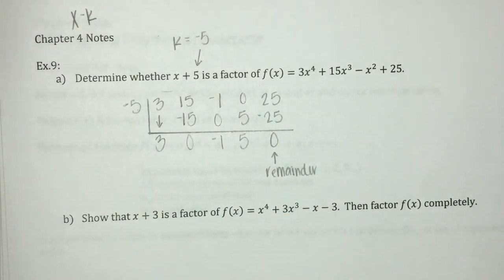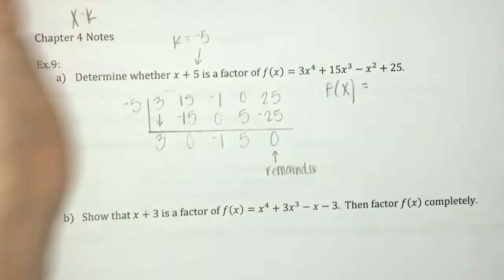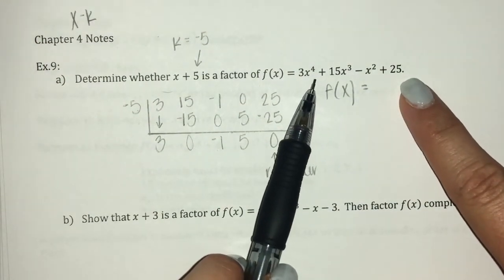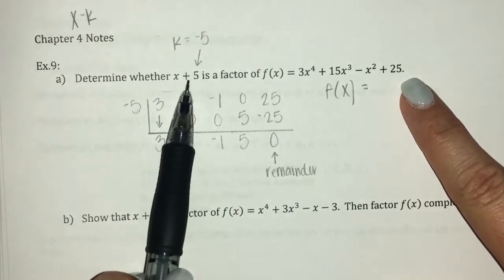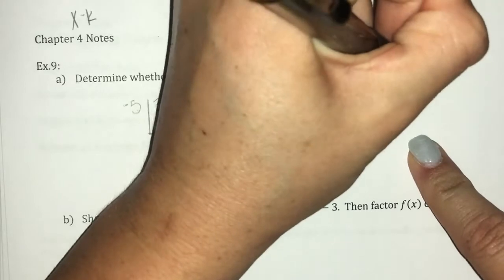If I wanted to factor this further, it'd be f of x equals, and then I would rewrite this as a product of two factors. I just proved that x plus 5 is a factor, so that would be one of them, so x plus 5.